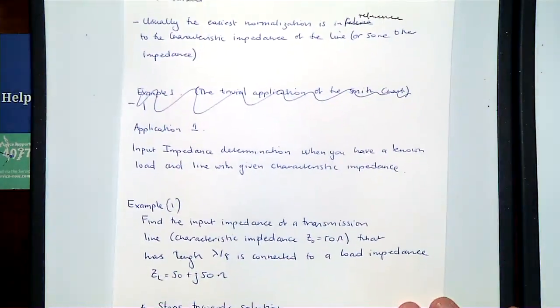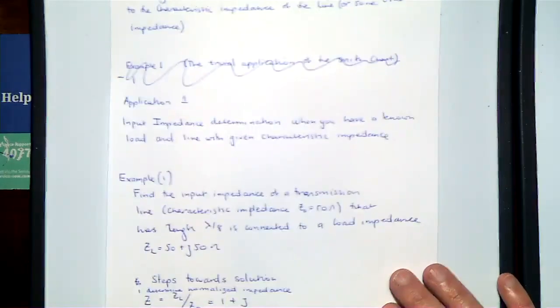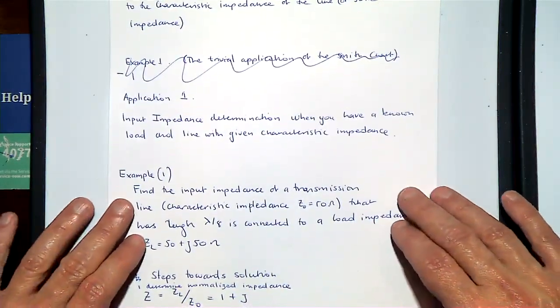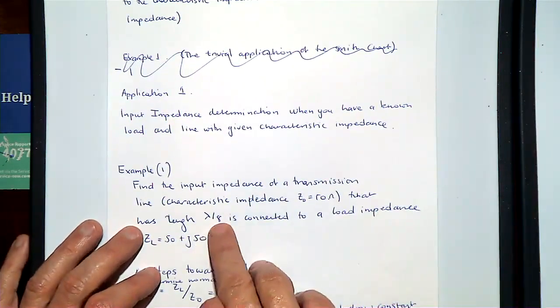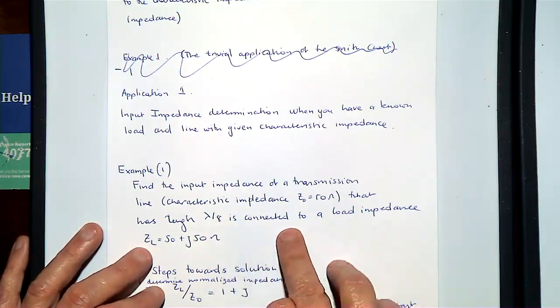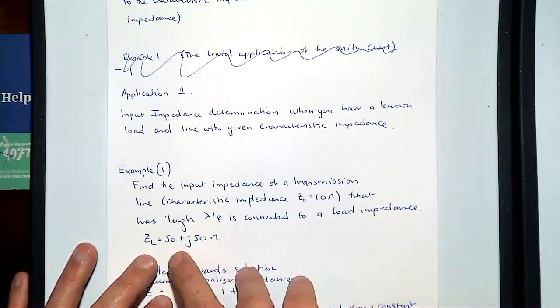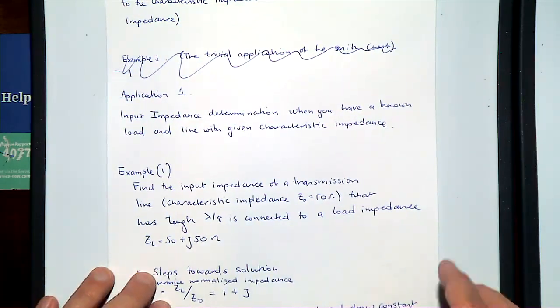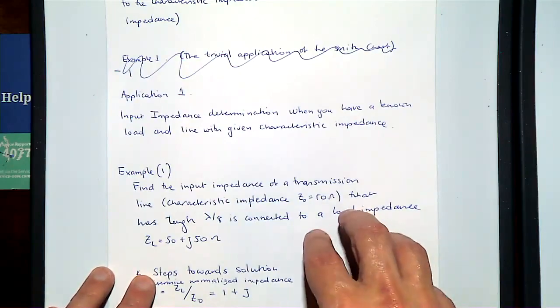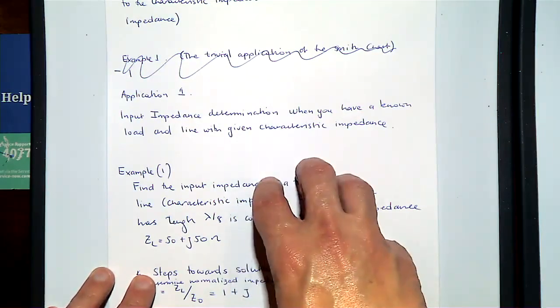Okay. The specific example is: I want to find the input impedance of a transmission line that has a length of lambda on eight and is connected to a load impedance of 50 plus j50 ohms. Right? What do I need to do, using the Smith chart, to work out what that impedance is?